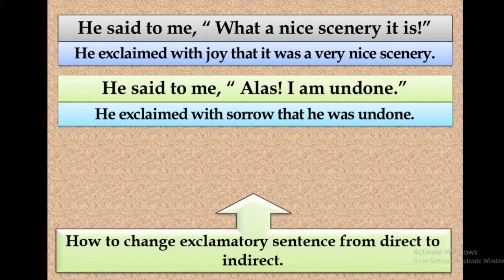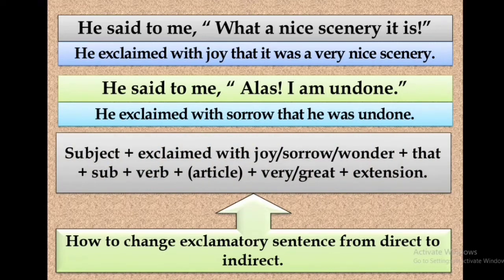So, how to change an exclamatory sentence from direct to indirect? My dear students, now we are going to learn how to change an exclamatory sentence from direct to indirect. Look at the rules of exclamatory sentences. At first, we have to put the subject and then exclaimed with joy, or exclaimed with sorrow, or exclaimed with wonder. If the reported speech expresses joy, we use exclaimed with joy instead of the reporting verb.